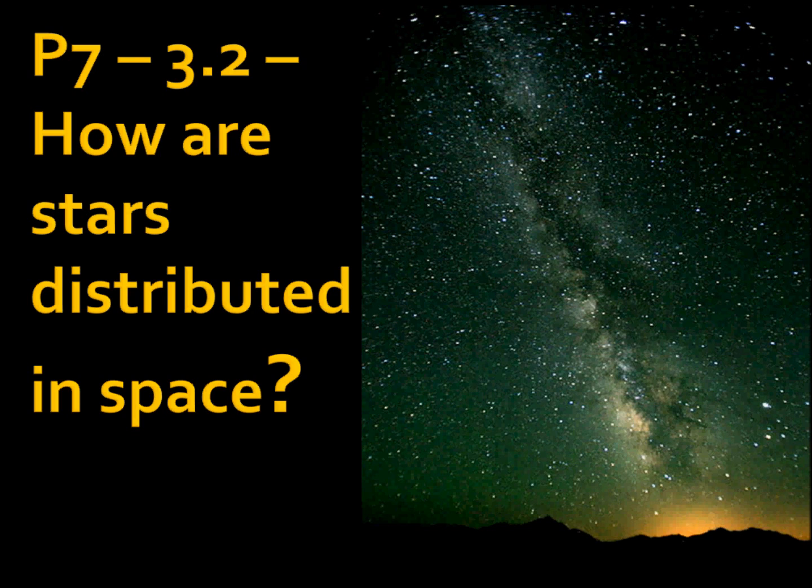Well, if you have a look at this picture on the right hand side, this is a view of the sky, and it's taken with quite a long exposure setting. What I mean by that is lots and lots of light has been let in over a long amount of time, and it's using a telescope, because they can see things here that we can't see with the naked eye.